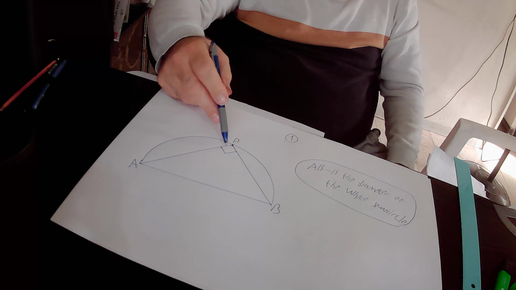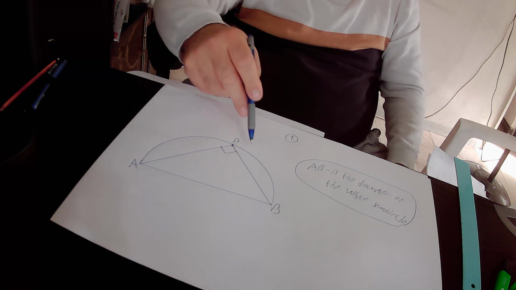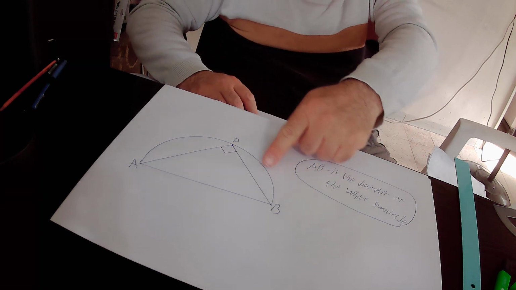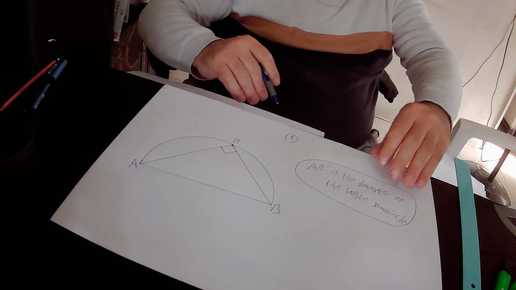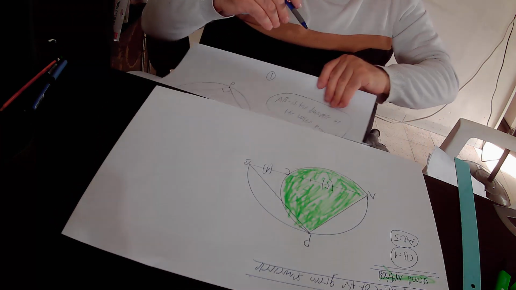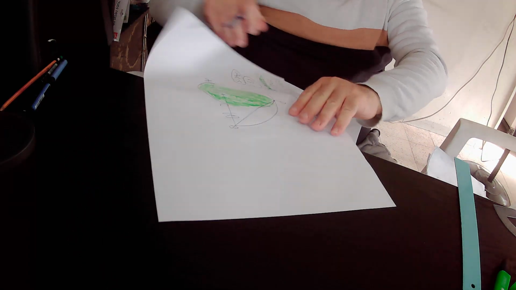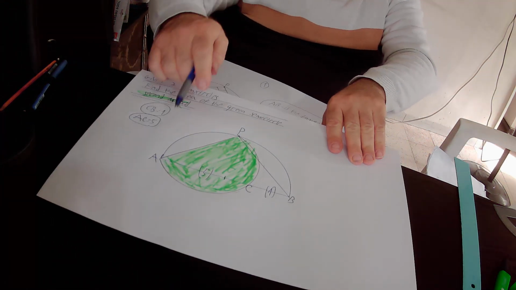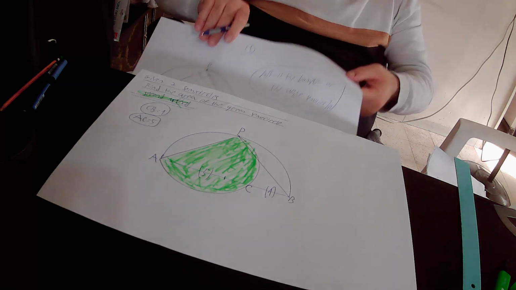Again, because peripheral angle APB equals 90 degrees, it means that line BP is perpendicular to line PA. So here, this is peripheral angle APB, that is a right angle.